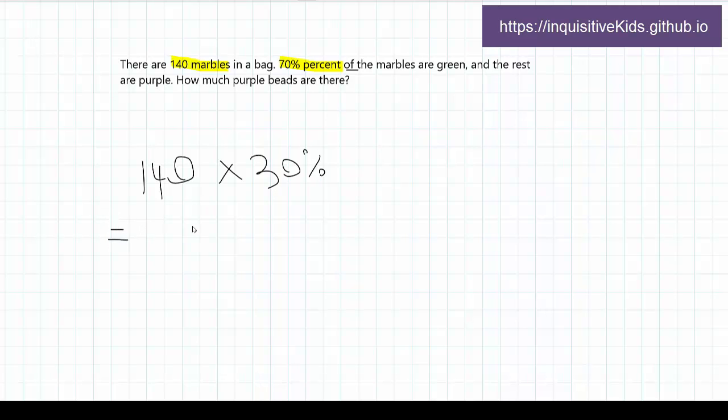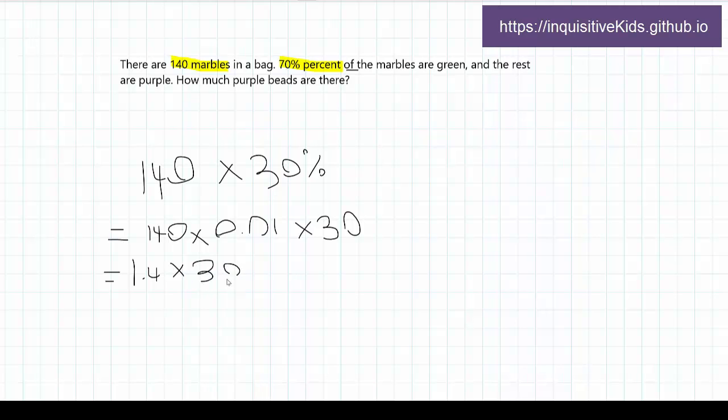Sometimes you don't have to rewrite 30% into a fraction. You can also think of it as 140 times 0.01 times 30. 0.01 times 140 is 1.4.